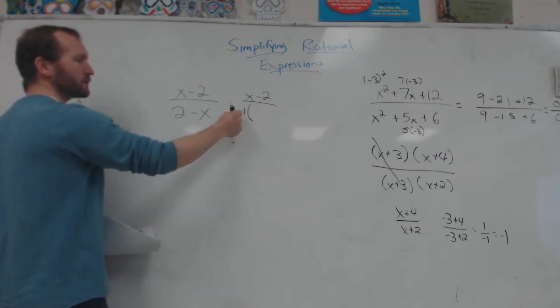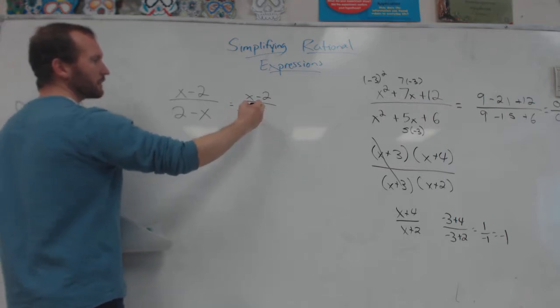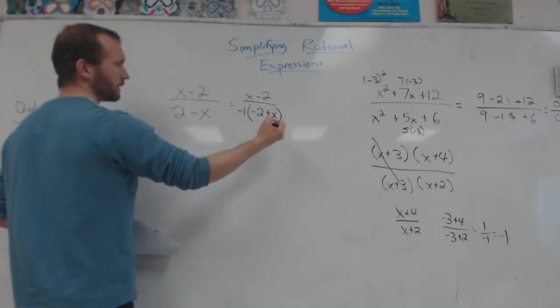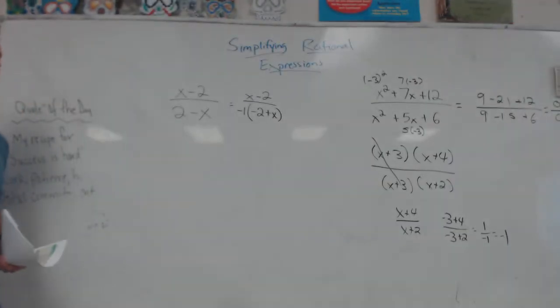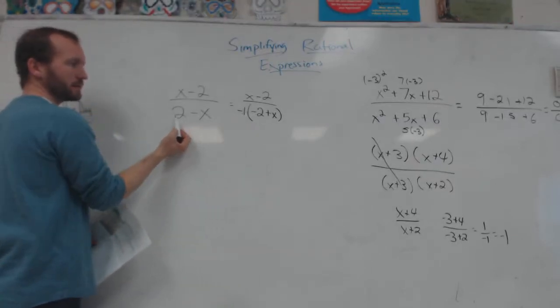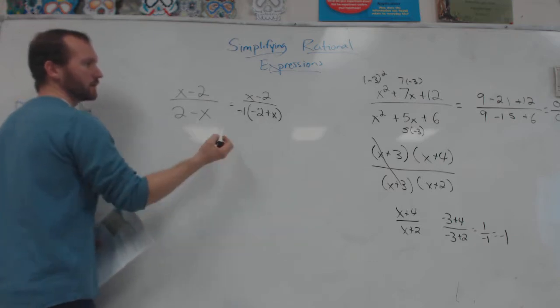So in other words, I'm factoring out a -1. What I would have left inside my parentheses is -2 plus x. Right? Because -1 times 2 times -2 is +2. And -1 times x is -x.